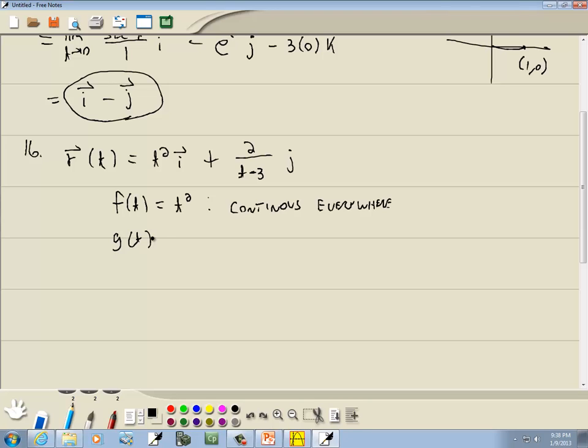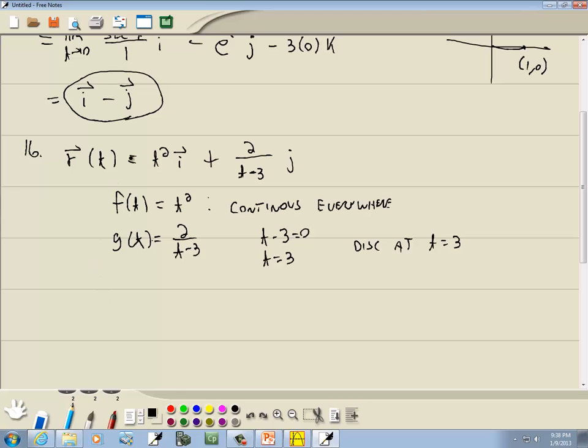If I look at my 2 over t minus 3, my g of t, well, if I set the denominator equal to 0, so I got t minus 3 equal to 0, I'd get t is equal to 3. So this is discontinuous at t is equal to 3.